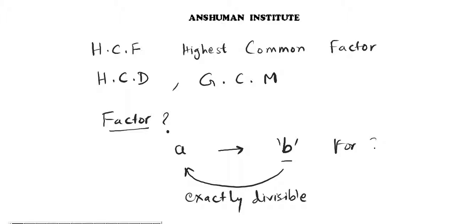For example, 36 is exactly divisible by 3, or 36 is exactly divisible by 6. So these are the factors 3, 6. So for 36, 3, 6, 9, 12, 18 are the factors.